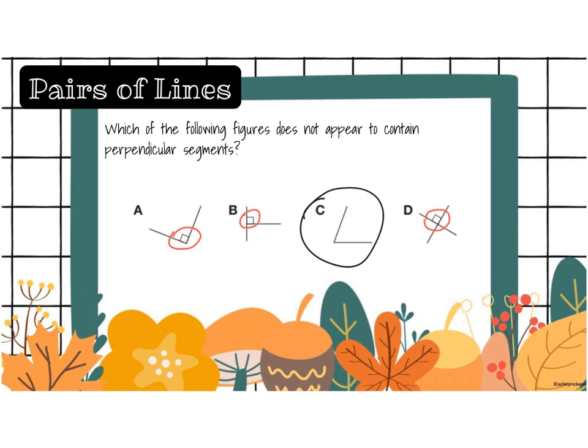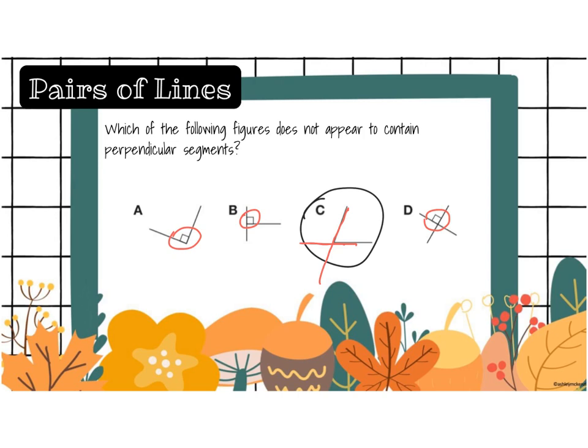That is showing me that that angle is perfectly square. Perpendicular lines create a right angle when they crisscross. Oblique lines, if I were to extend this line this way and this line this way, you can see that they are not a perfect square in the corners. So option C should be the correct answer for this one. They do not contain perpendicular segments.